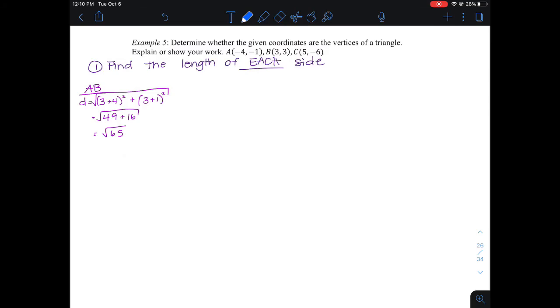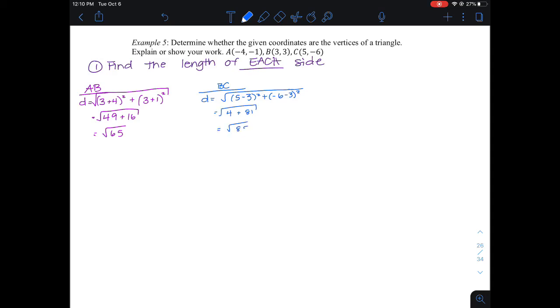If we're looking at BC, I'm going to do 5 minus 3 squared plus negative 6 minus 3 squared. So we get 2 squared, which is 4. We get negative 9 squared, which is 81.